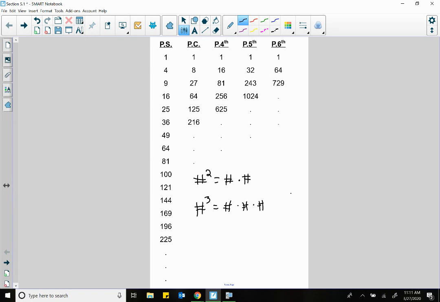You can see that with all the other ones. So perfect fourth is just a number times itself 4 times, or the number to the 4th power. So 16 is 2 times 2 times 2 times 2. Okay? 81 is 3 times 3 times 3 times 3. So if you ever forget this list, you can always make them, because just remember, a perfect square is just a number times itself. A perfect cube is a number times itself 3 times, and so on and so forth. This is going to be super important for us when we want to reduce.